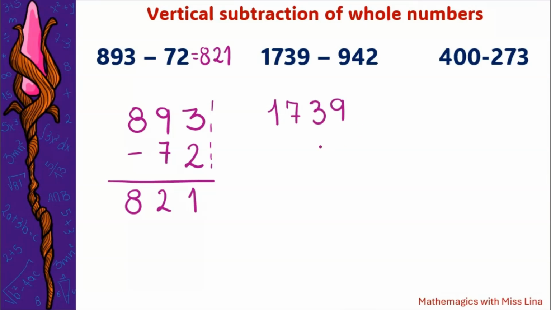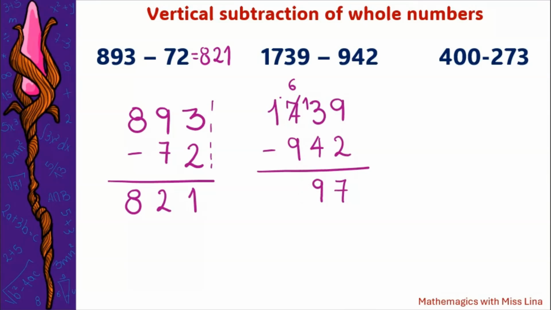1739 minus 942. 9 minus 2 is 7. 3 minus 4, careful, is not 1. It's impossible. So we need to borrow from the neighbor. So this 7 becomes a 6 to give me 1 to become a 13. 13 minus 4 is 9. 6 minus 9 again is not enough.